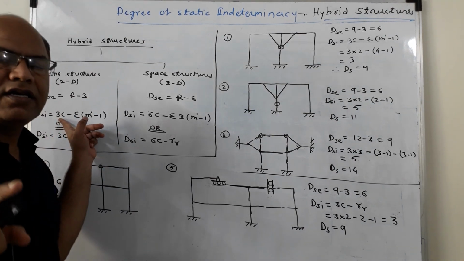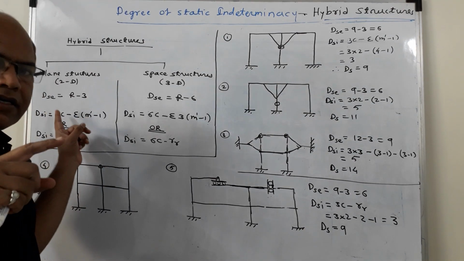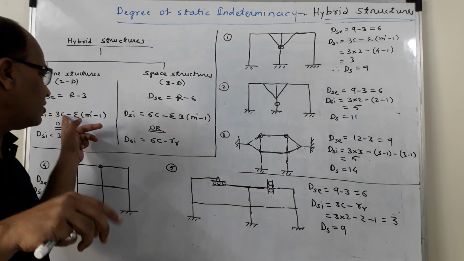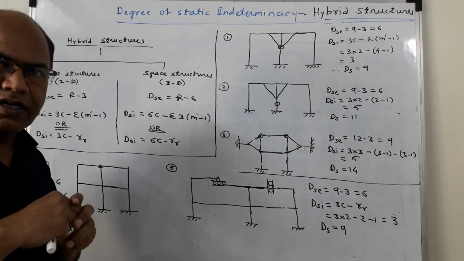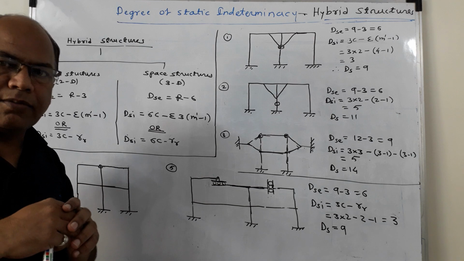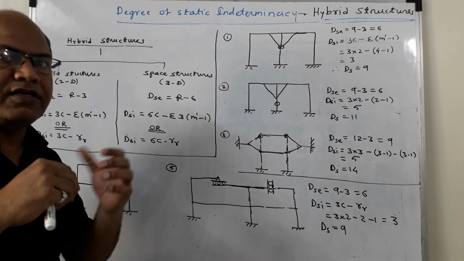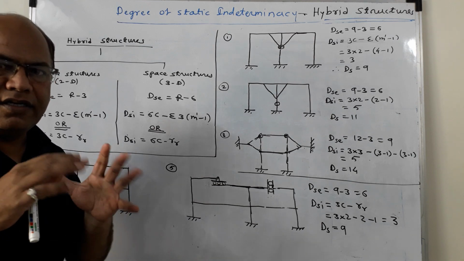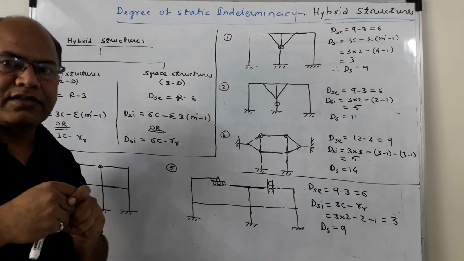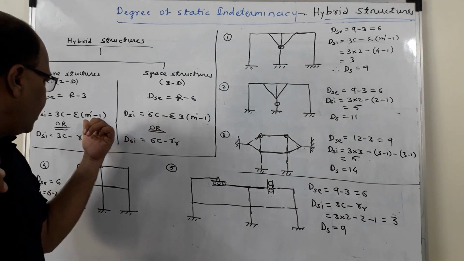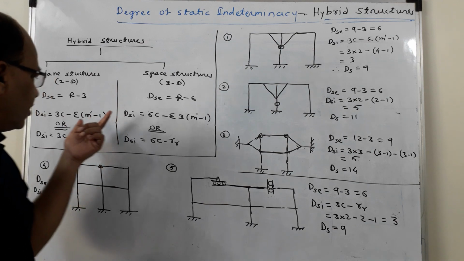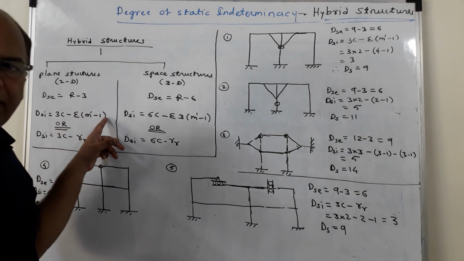So 3C is the static internal indeterminacy of a rigid jointed plane structure, but in case of hybrid joints, some joints are hinged joints. As such, some internal reaction components are released because of the hinged joints, and these released internal reaction components depend upon the number of members meeting at that hinge joint and are given as summation of m dash minus 1.